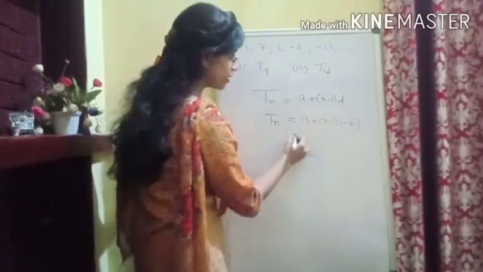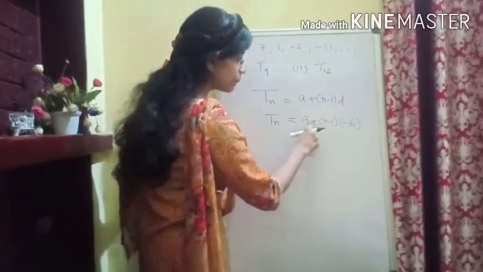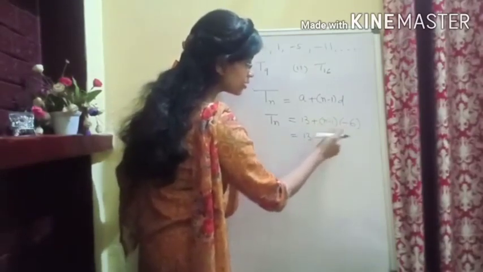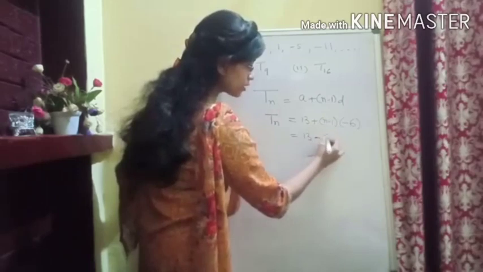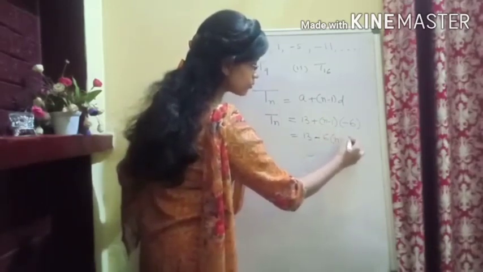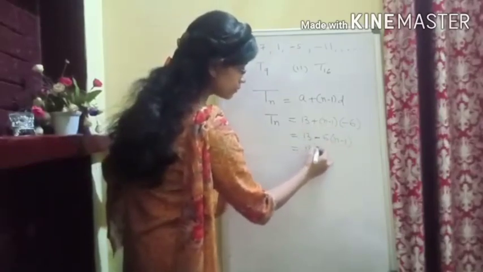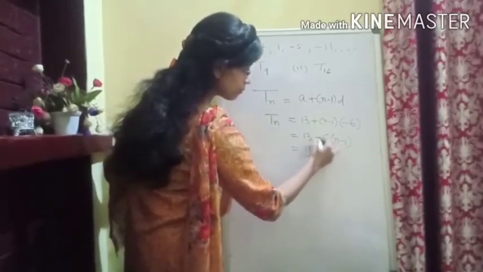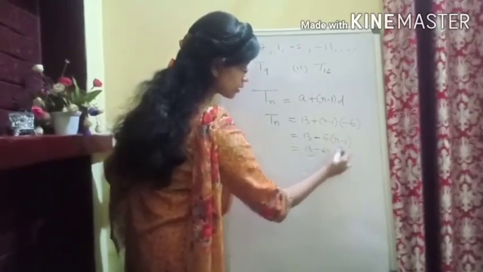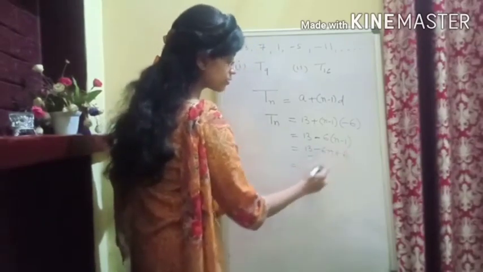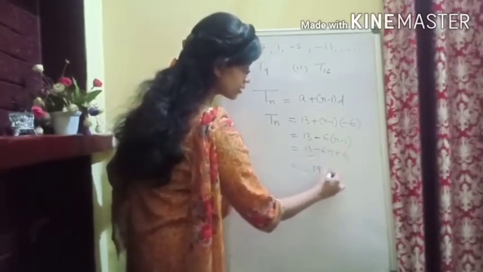So just simplify it. That is 13 plus (minus 6) into (n minus 1). I am writing it like that. Is it okay? Now let us open the bracket. Minus 6n minus minus, plus 6. 13 plus 6 would be 19 minus 6n.